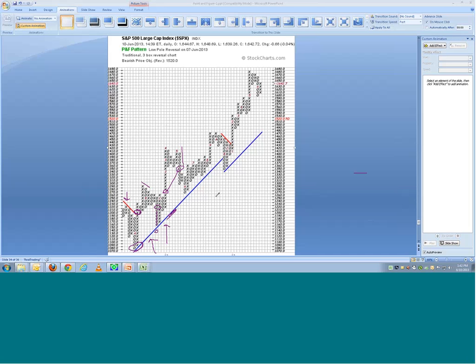Now, we're out of the market completely until we get a buy signal, assuming it occurs above this trend line. If the market had gone down beneath the trend line, we would have waited for another sell signal to then go short beneath the trend line. But it didn't happen. Okay?